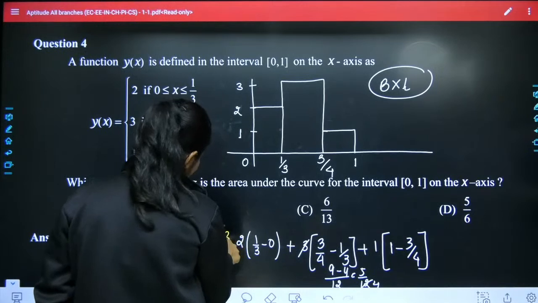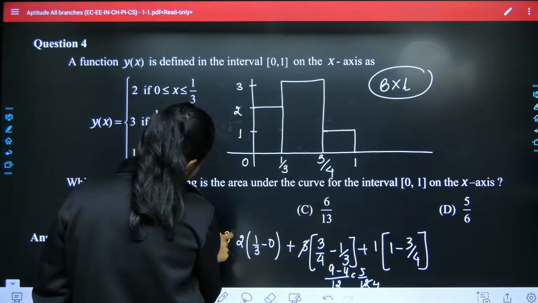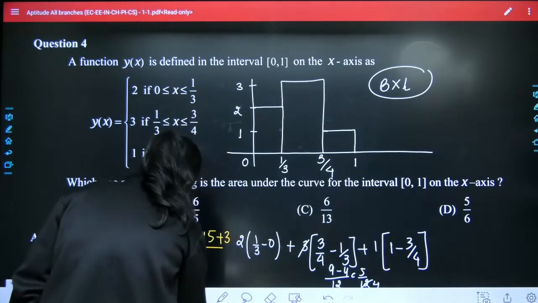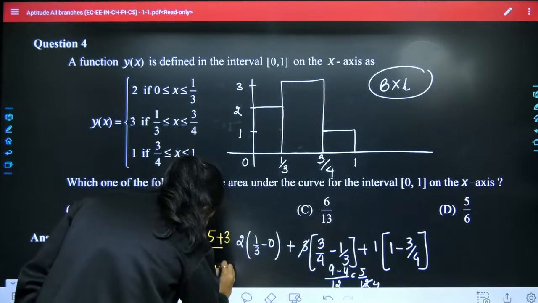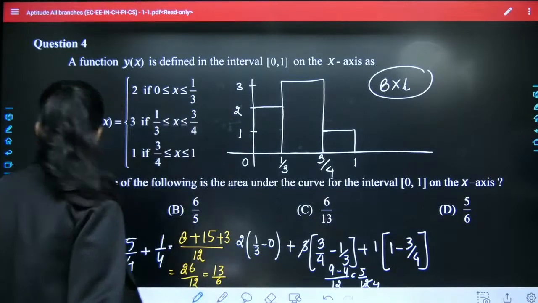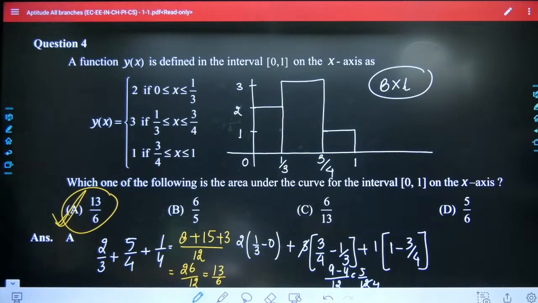So 18 plus 8 is equal to 26, 26 by 12, that is equal to 13 by 6. Okay, option number A is correct.